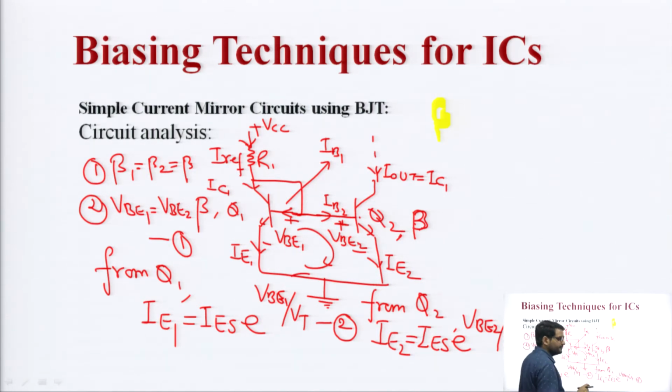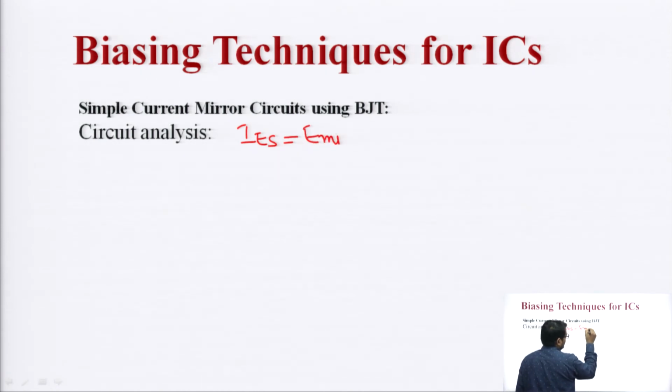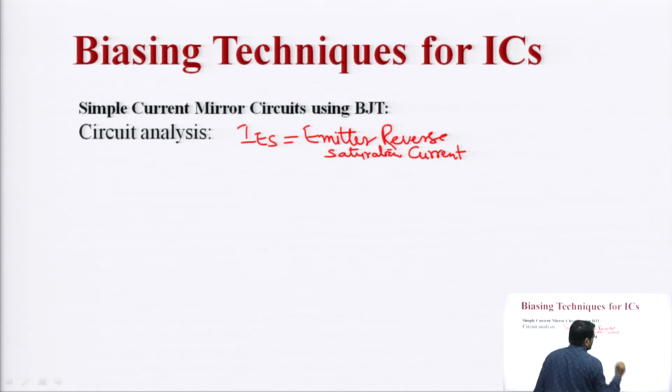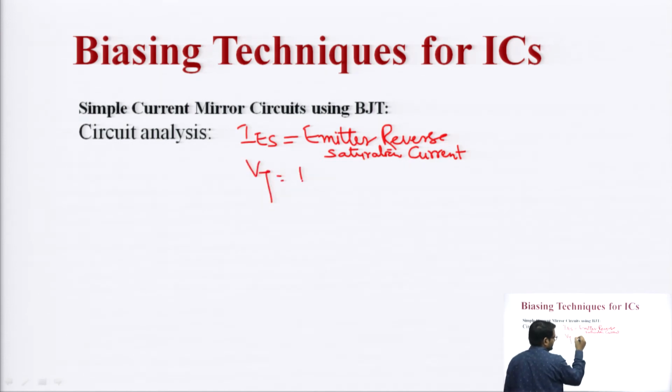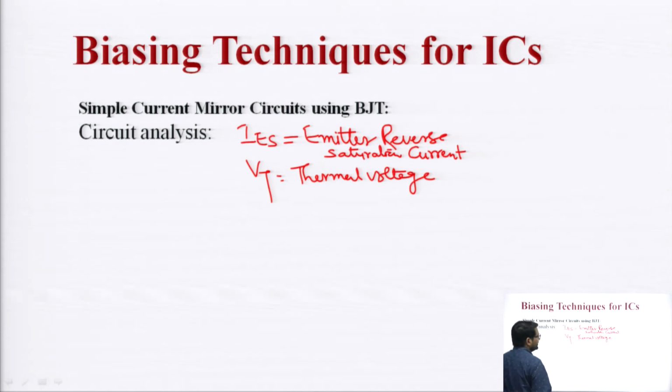From transistor Q1, IE1 equals IES e to the power VB1 divided by VT, equation 2, and for transistor Q2, IE2 equals IES e to the power VBE2 divided by VT, where IES is the emitter reverse saturation current and VT is the thermal voltage.